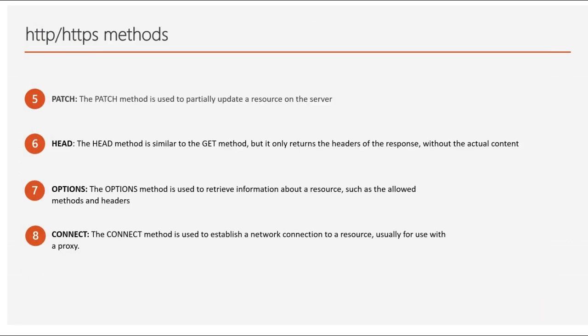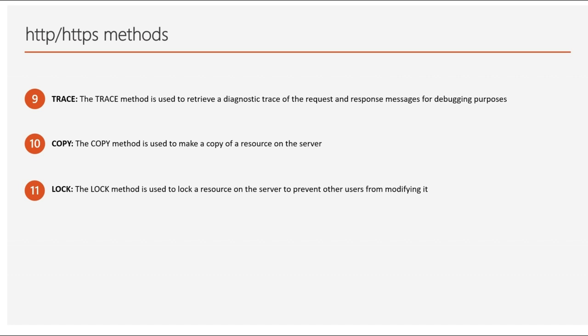I'll move to the next. We have the TRACE method. The TRACE method is used to retrieve a diagnostic trace of the request and response message for debugging purposes. It will give the complete trace information for debugging, whether it may be a request or response of the server.